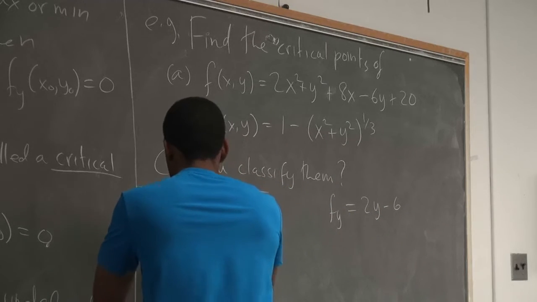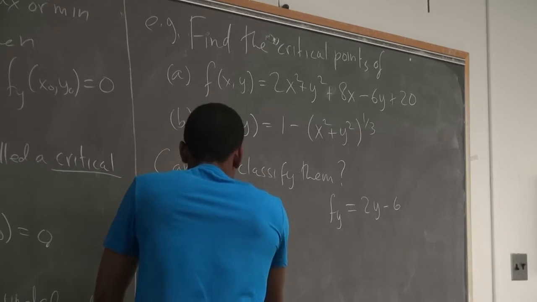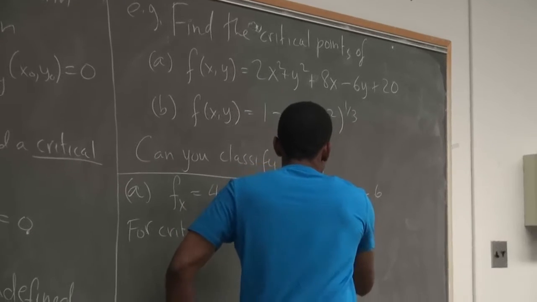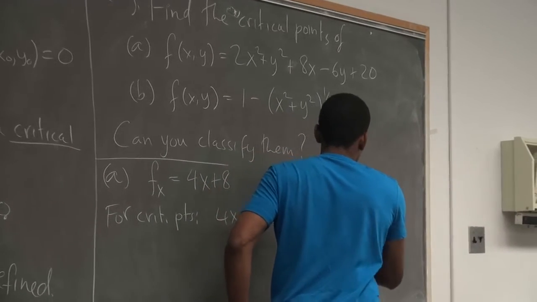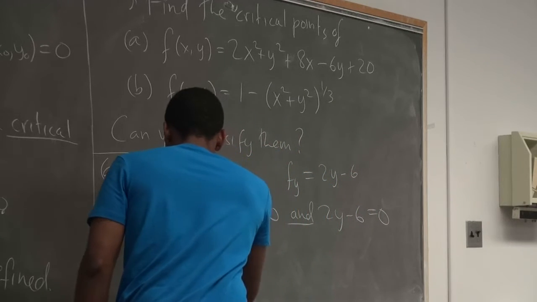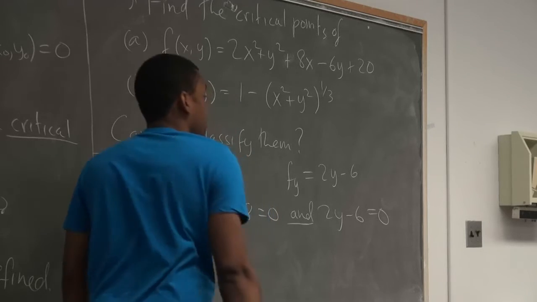These are never undefined, so for critical points, you need 4x plus 8 equals 0, and at the same time, you need 2y minus 6 equals 0.